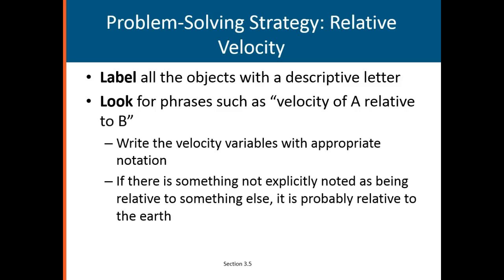The A comes first, relative to B, B comes second, and that would be going from B to A. Write the velocity variables with the appropriate notation. If something is not explicitly noted as being relative to something else, it's probably relative to the Earth. Okay? Any questions?